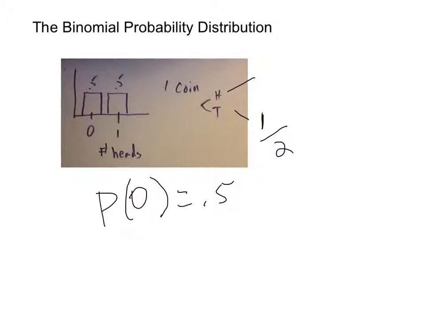And then the probability of getting 1 head, the most I'm going to have if I'm flipping one coin, is also one way out of 2. Okay, so that's pretty plain, nothing too exciting going on with this distribution. But you notice with the bars, if I wanted to know the probability of getting 0 heads, I could just look at the graph or use some technology to figure that out.